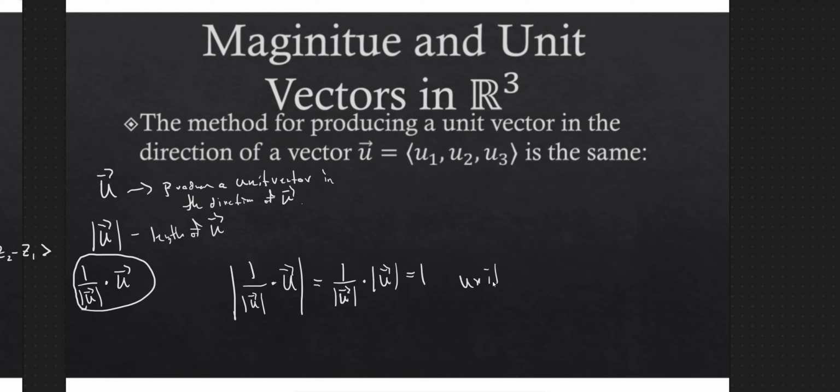So it's a unit vector, and because it's a scalar multiple of u, it's parallel to u. And that's exactly what we wanted. So this vector here tells us the direction of u. It's a way to specify the direction of u without giving a length.